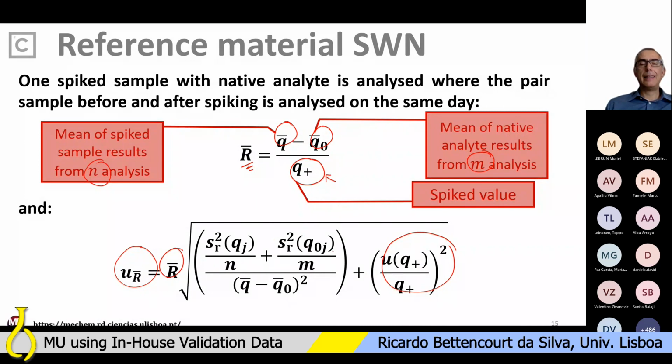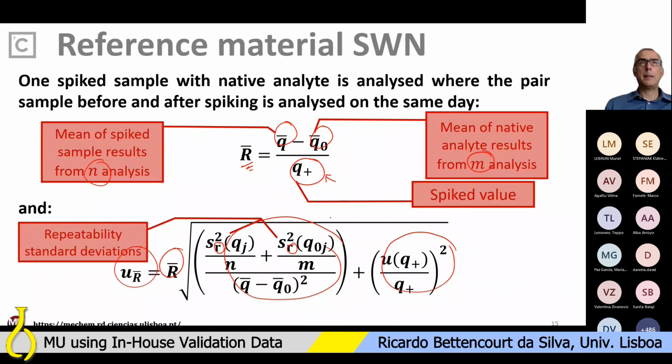And the other one is the relative repeatability of the difference, or to be honest, the square of the relative repeatability of the difference. And it is important to mention that these are repeatability conditions because everything is done in the same day. And okay, of course, there is a chance that this mean recovery that was estimated in this day is not really adequate to describe what happens in different days.